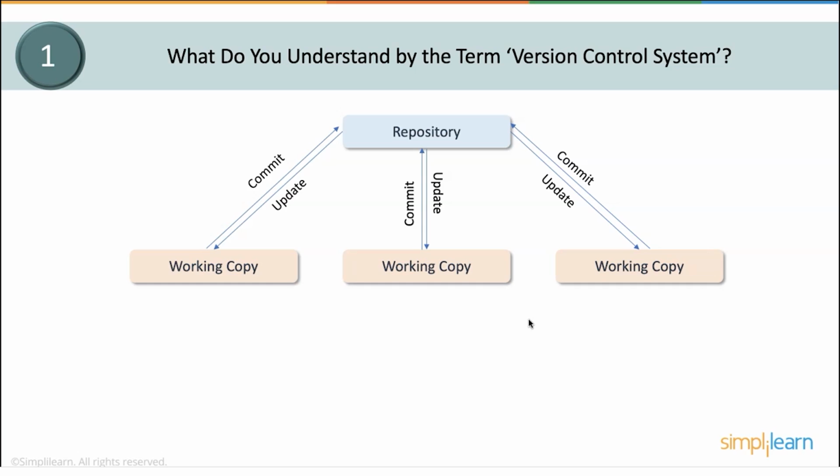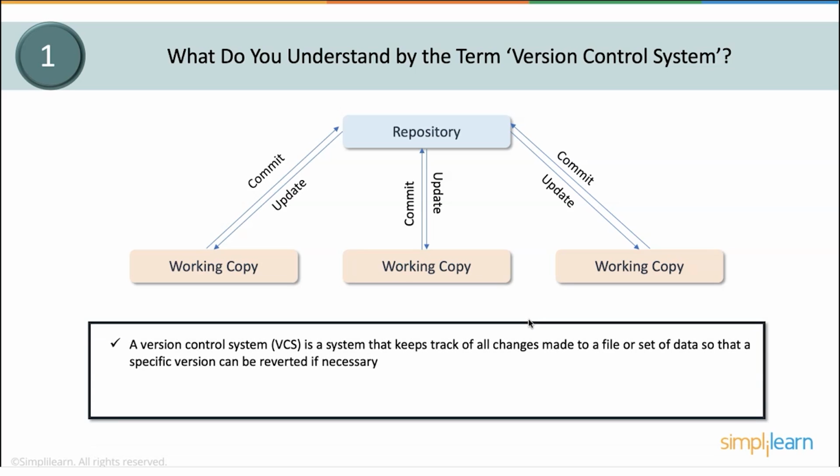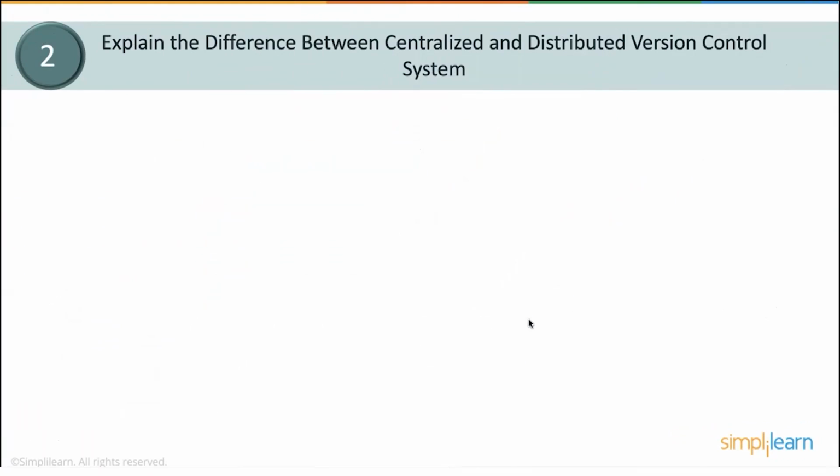So you push all the necessary repositories to the centralized system that is called a version control system. It is a system that keeps track of all the necessary changes made to a file or a set of data. It ensures that everyone works on the most recent version, while taking care of your necessary updates.